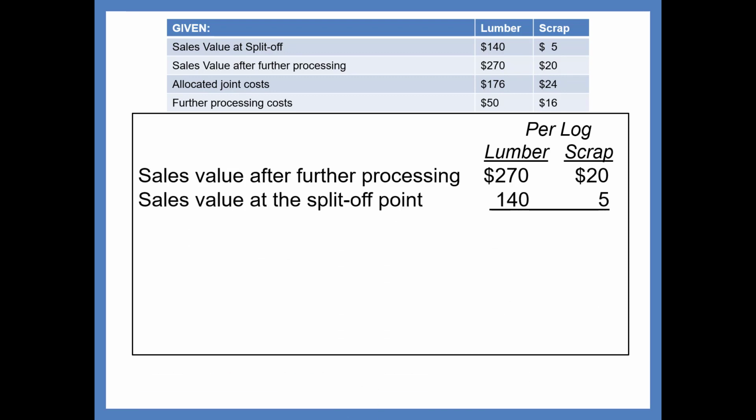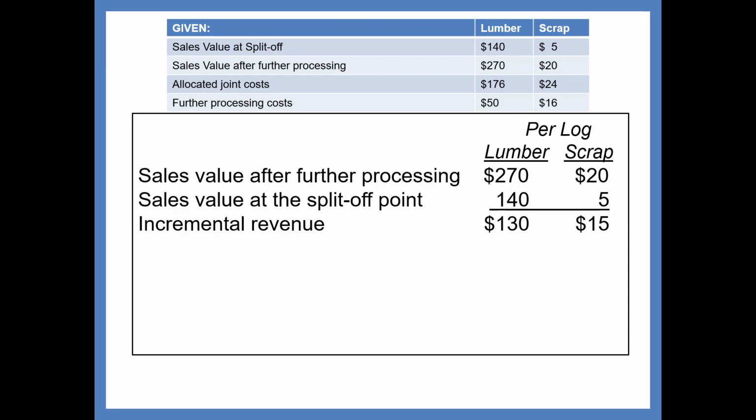If we had decided to sell lumber and scrap instead of processing further, the sales generated would have been $140 for lumber and $5 for scrap. So the difference in the two alternatives is incremental revenue of $130 if we go to treated lumber and $15 if we go to Presto logs.